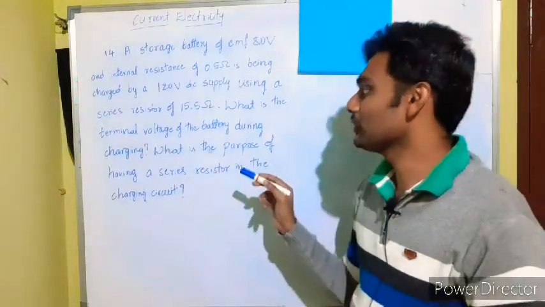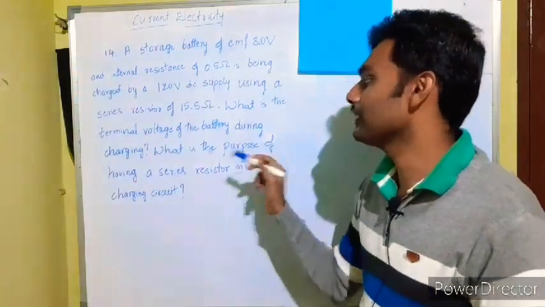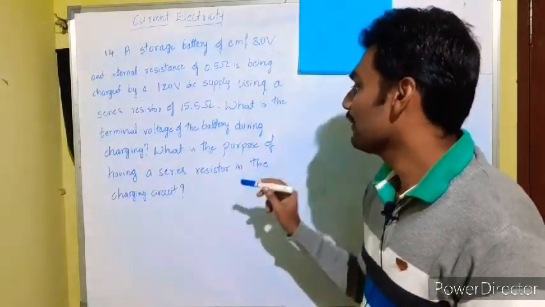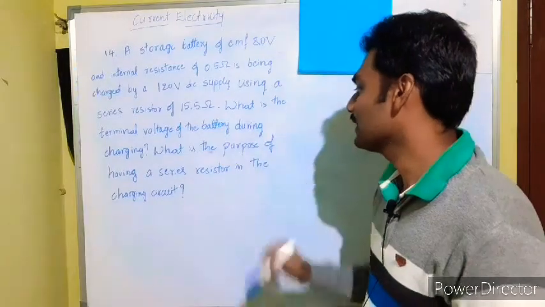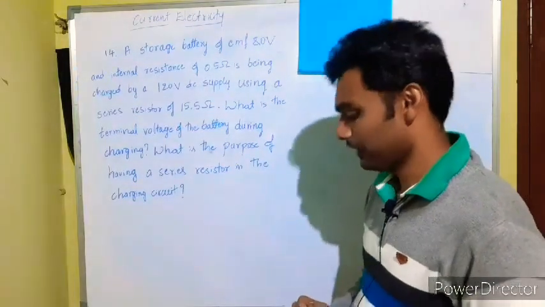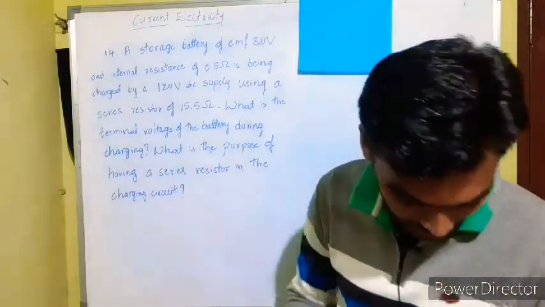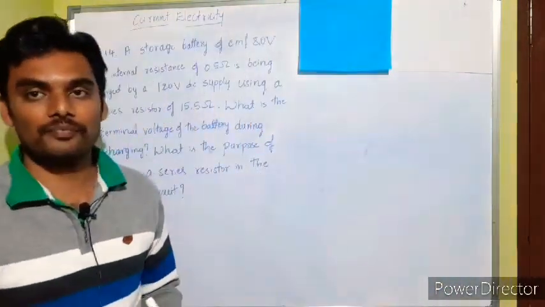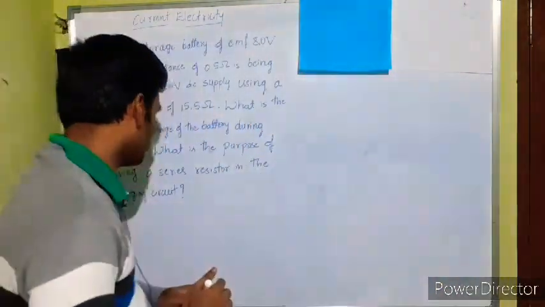What is the terminal voltage of the battery during charging? Okay. What is the purpose of having a series resistor in the charging circuit? So this is about a battery getting charged. Okay, this is a new kind of question for us.